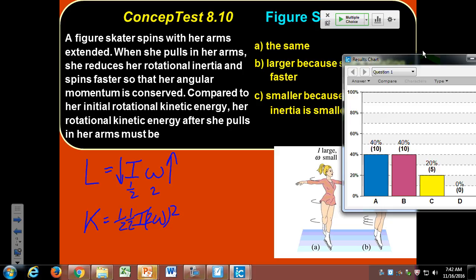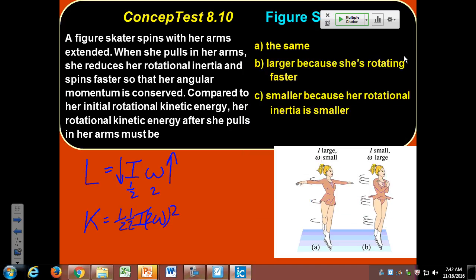I have a factor of a half here, and a factor of 2, but omega is squared, so this increases my kinetic energy by a factor of 4. This takes it down by a factor of 2, and the overall net result is to increase the kinetic energy by a factor of 2. So B is the right answer here.